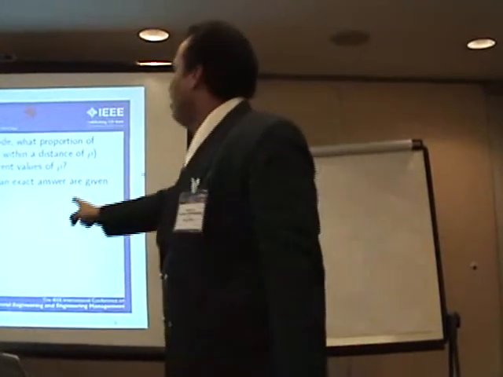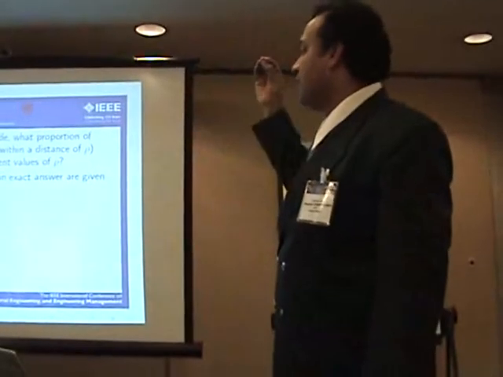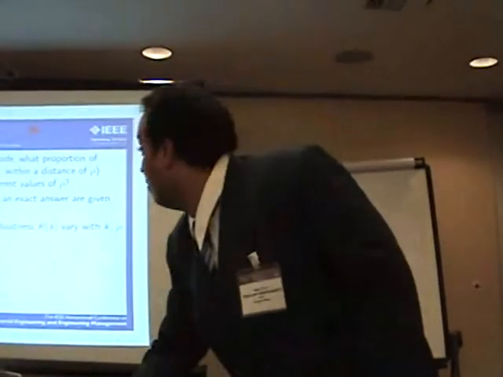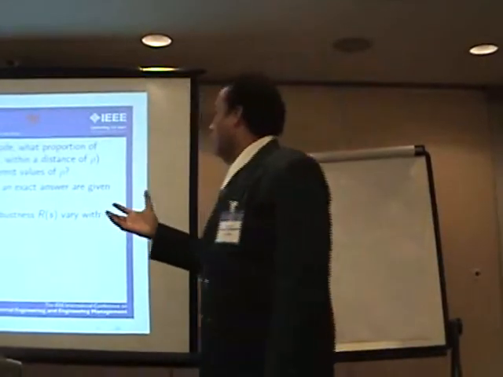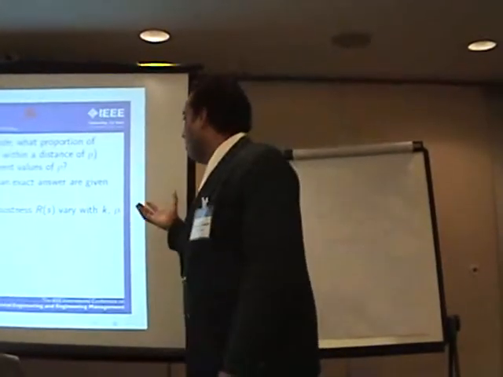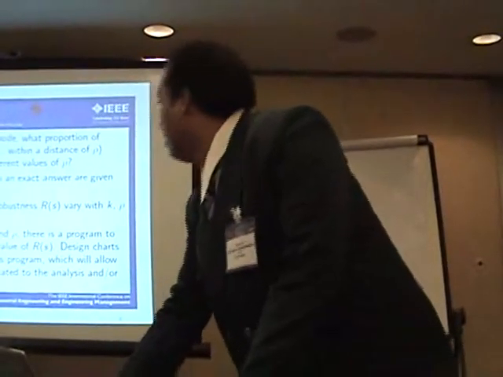But I can always write a program to find out what the exact answer is. I have done that. And the other one: how to design such a network if certain parameters are given. I also tried to answer that question.